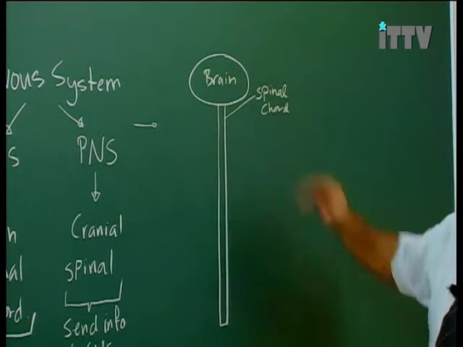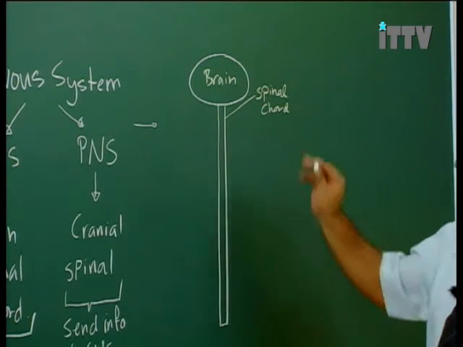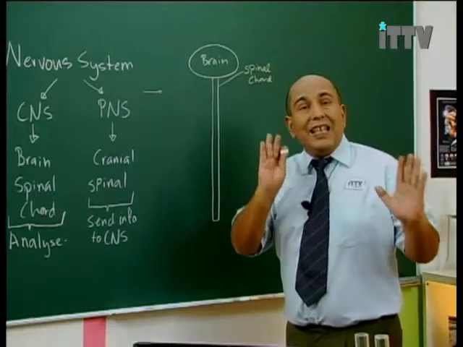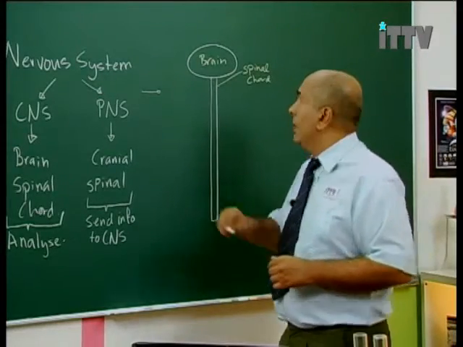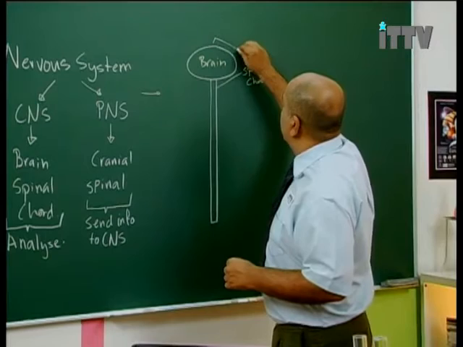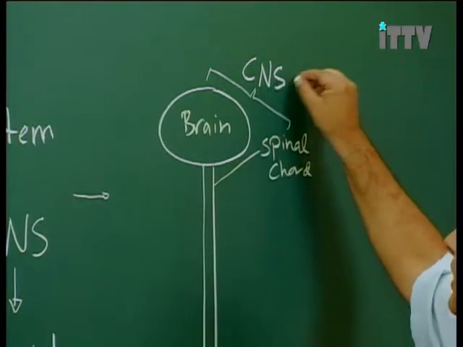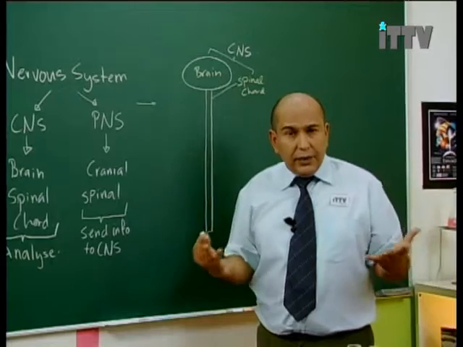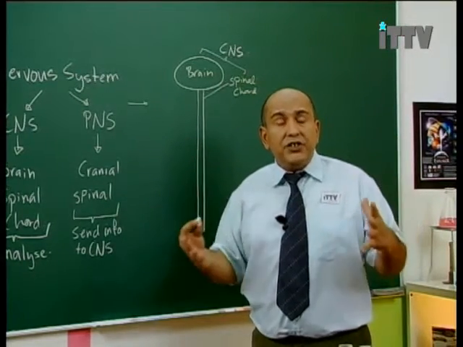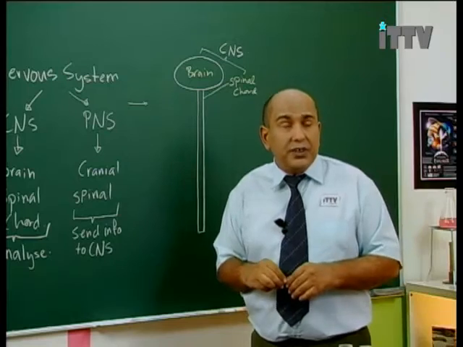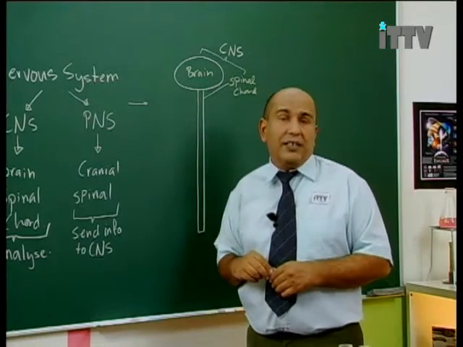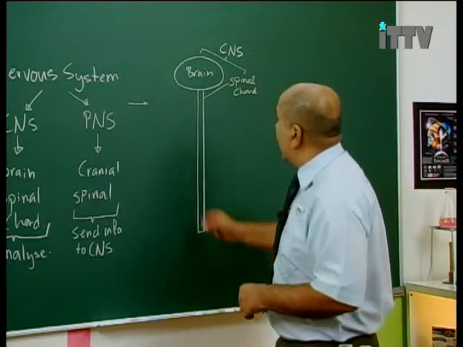So these are part of our CNS. Remember, their main function is to analyze information. Okay, so these two, this is the CNS. They do the analysis, but the information must come from the two sets of nerves, the peripheral and cranial nerves. Let's look at different color for this.